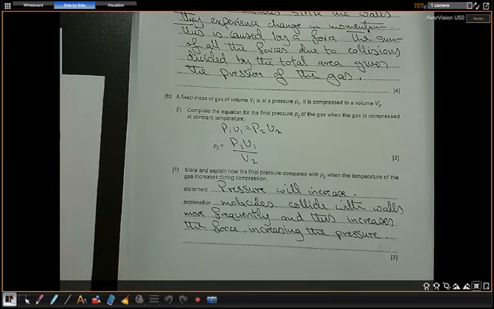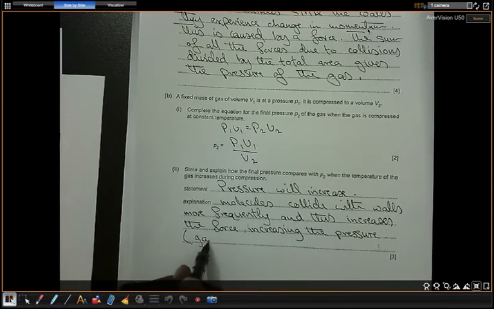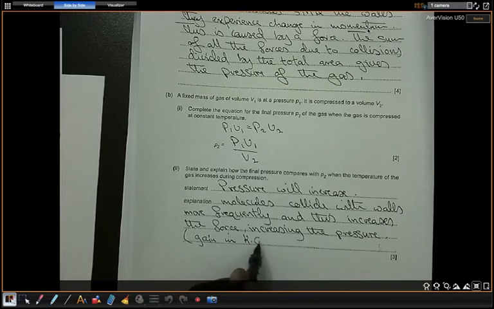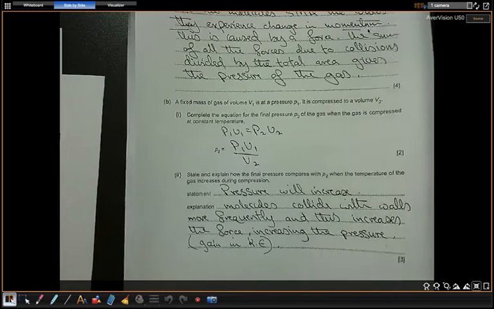What else do we have? Or you can say that the molecules gain kinetic energy. That's something you can add, you can leave it out, that's totally fine. But you know that when temperature increases, the molecules gain kinetic energy. And you have to mention it, when they gain kinetic energy, they collide with the walls more frequently. And this increases the pressure.